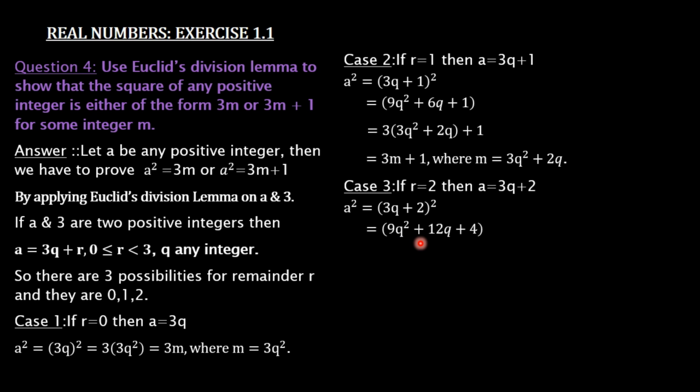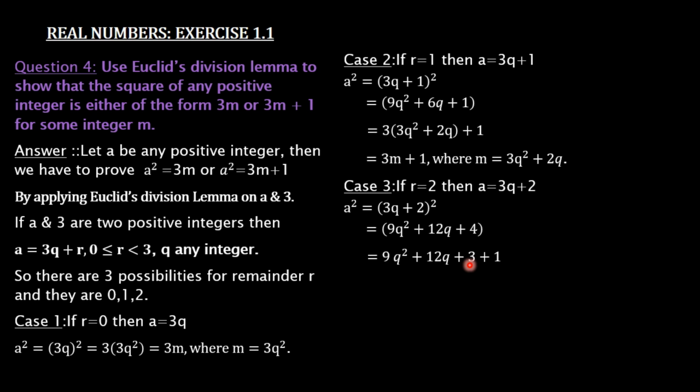Can we write this in the form 3m or 3m plus 1? For that, we are going to split 4 into 3 plus 1. Then we have 9q square plus 12q plus 3 plus 1. These three terms are multiples of 3.